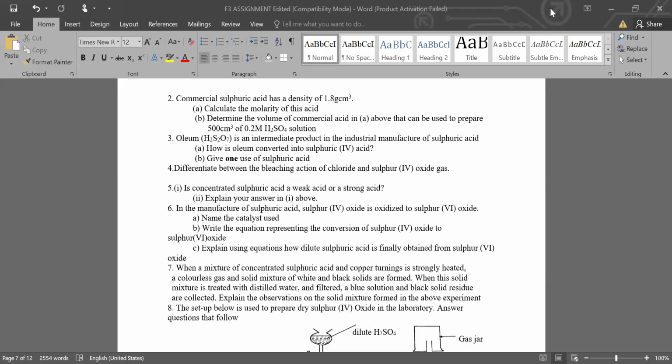Then the oleum, as we had seen earlier on, H2S2O7 is added water to form sulfuric 6 acid. So in that case, you write the two equations. How to form sulfuric 6 acid from sulfur 6 oxide is by, first of all, forming the oleum. Then the oleum is added water to form sulfuric 6 acid.